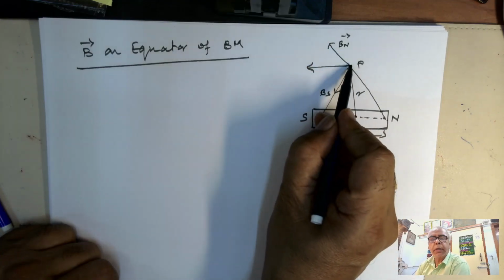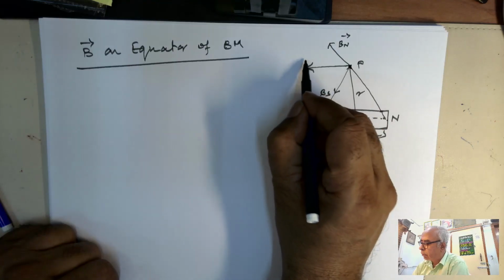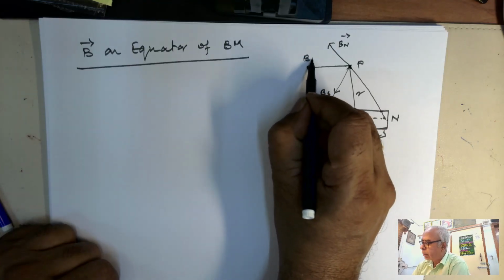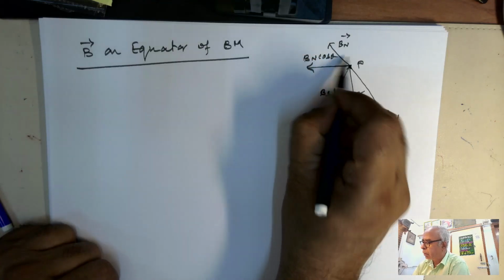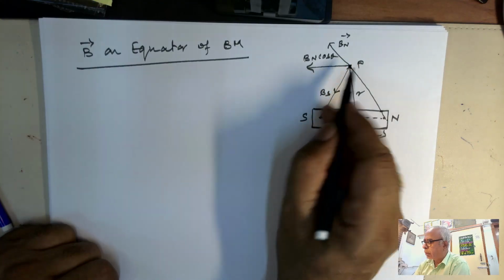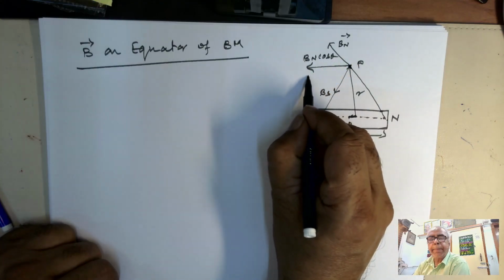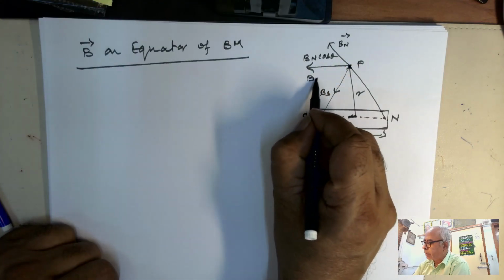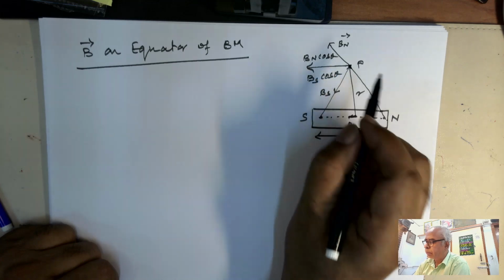As far as this Bn is concerned, this is the horizontal component, so Bn cos theta. And as far as this one is concerned, this is Bs cos theta.